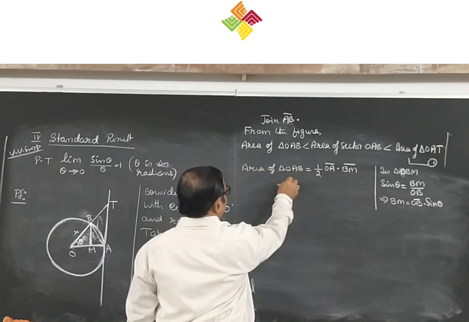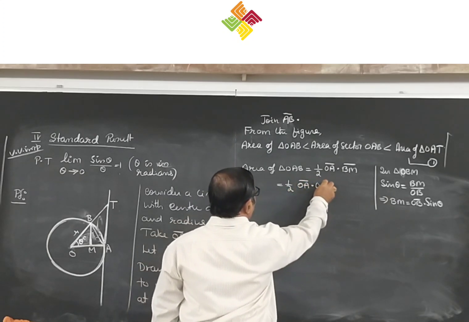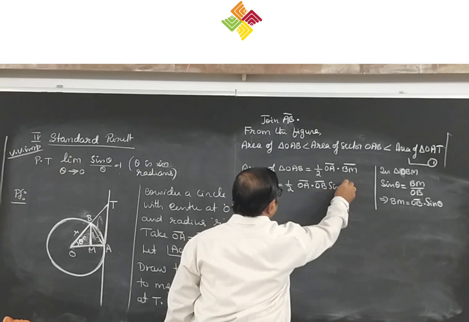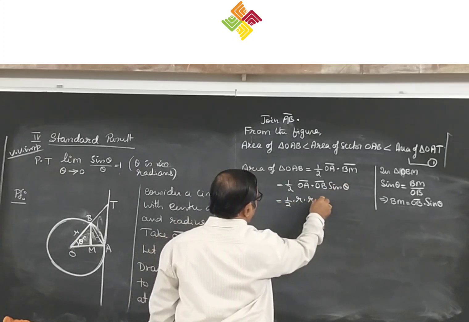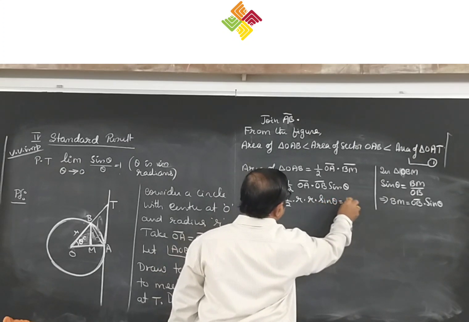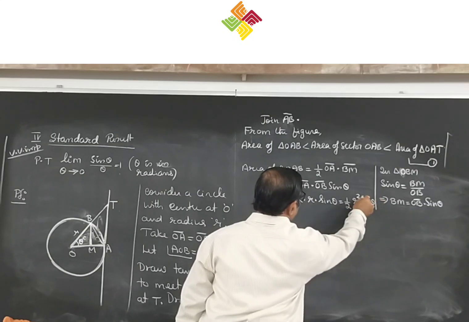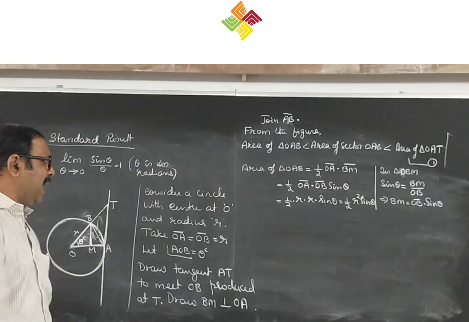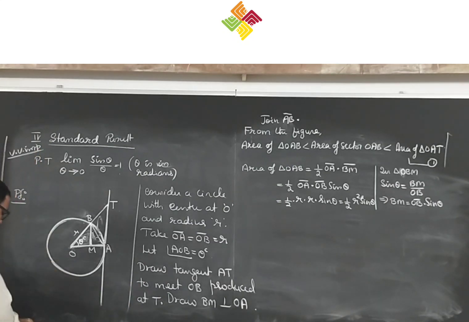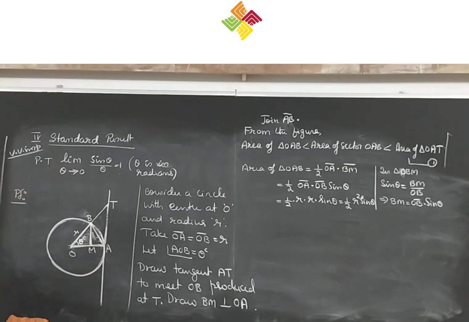So that is half into OA into OB sin theta. OA is R, OB is R, so half R square sin theta. I repeat this. You go to this triangle OAB.